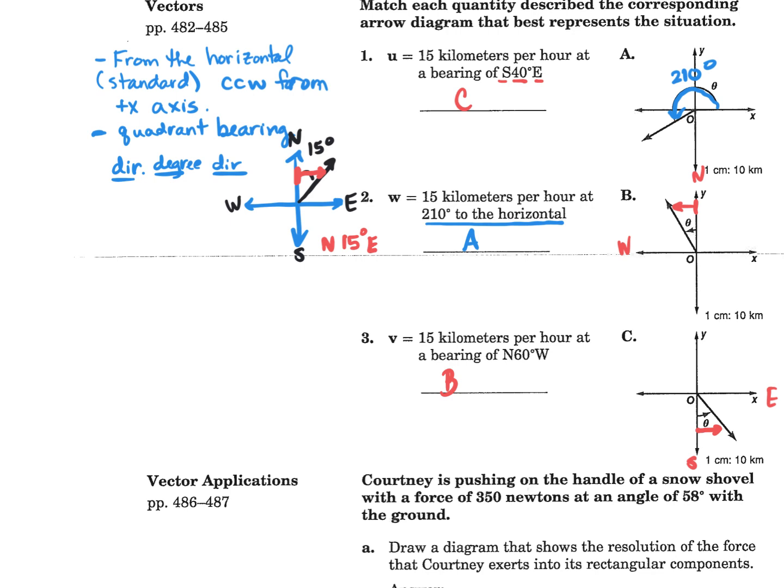The last one we have is what we call true bearing. This is what they use in navigation. True bearing measures from true north clockwise.